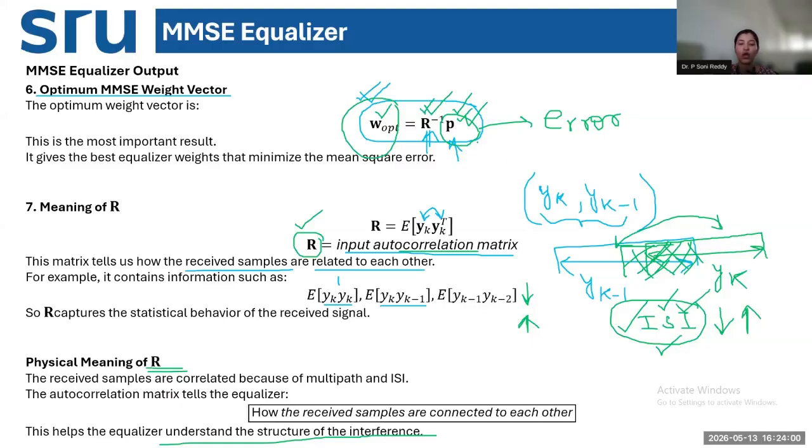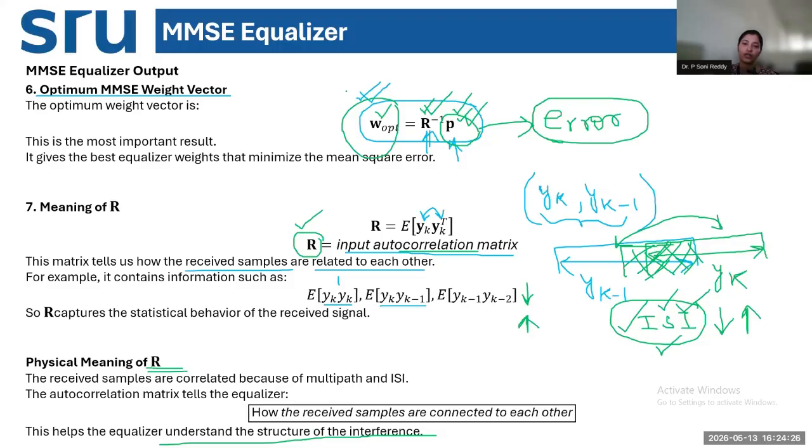If I'm using small p, I'm trying to overcome both the effect of ISI as well as the effect of noise in my received signal. So using a combination of these two factors, I'm trying to optimize my coefficients that are used for the MMSE equalizer.